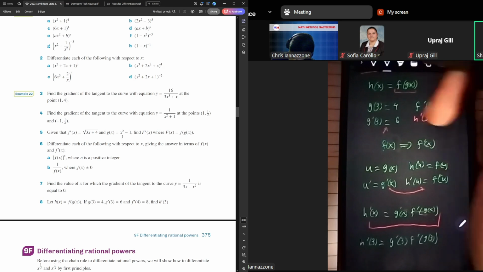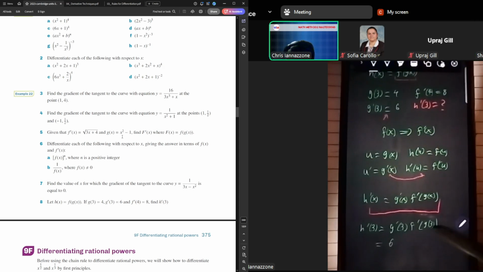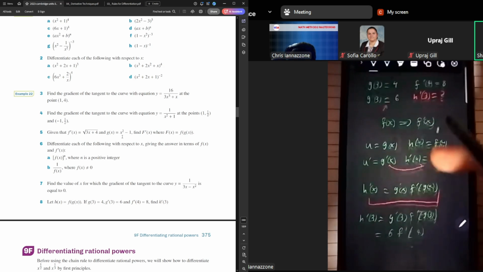So you could replace that with 6. Absolutely. And then inside the f dash function, it says g of 3, and we know that g of 3 is 4, and then f dash of 4 was 8, so you can just rewrite that whole thing as 8.